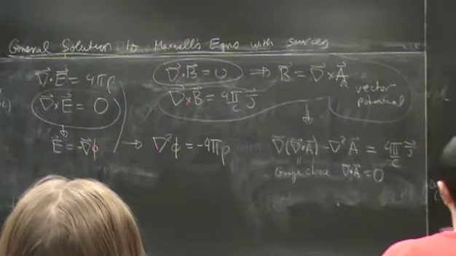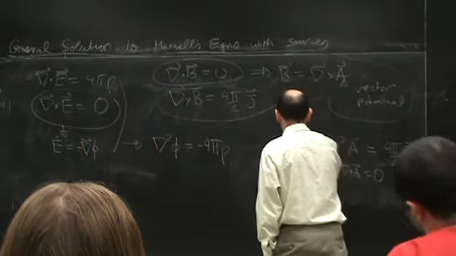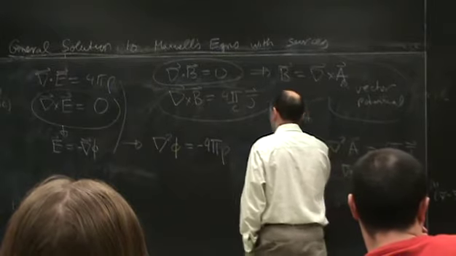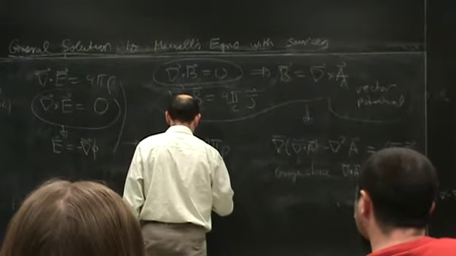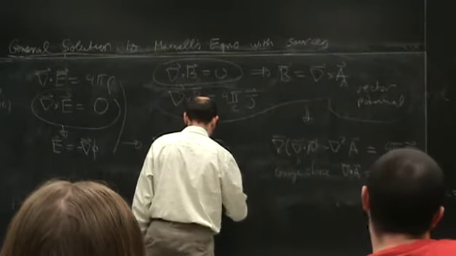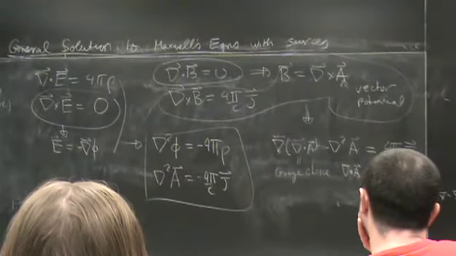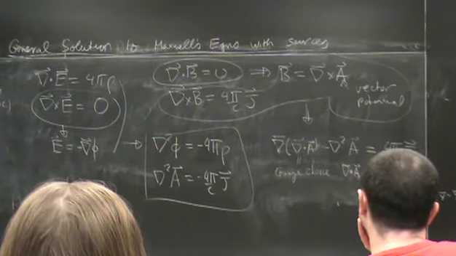So we ended up with, in statics, these equations for the potentials. And how did we solve it? With the Green's function, right?